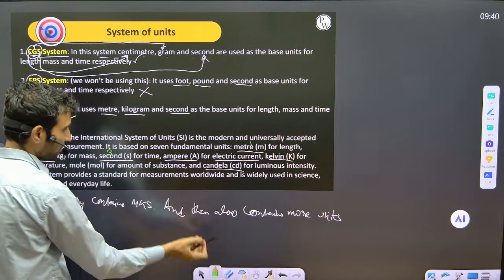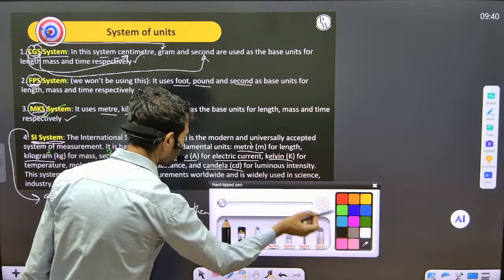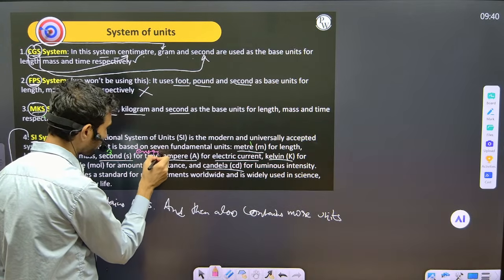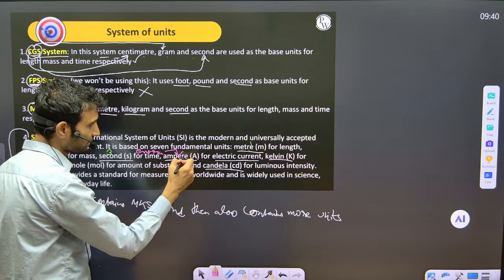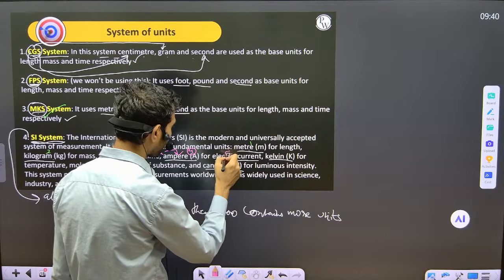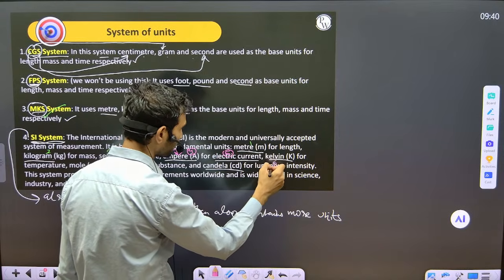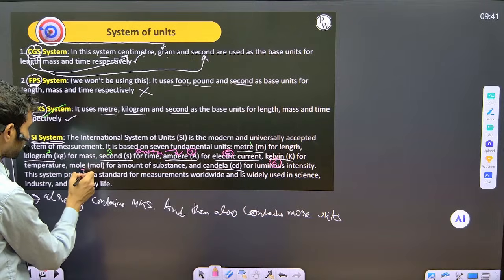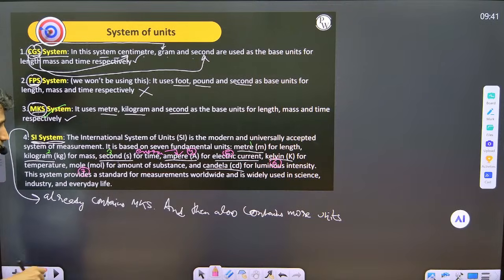Then this is extra. What is extra? Ampere, the fourth one. Kelvin, and mole. These are extra. And the total makes 7 quantities.